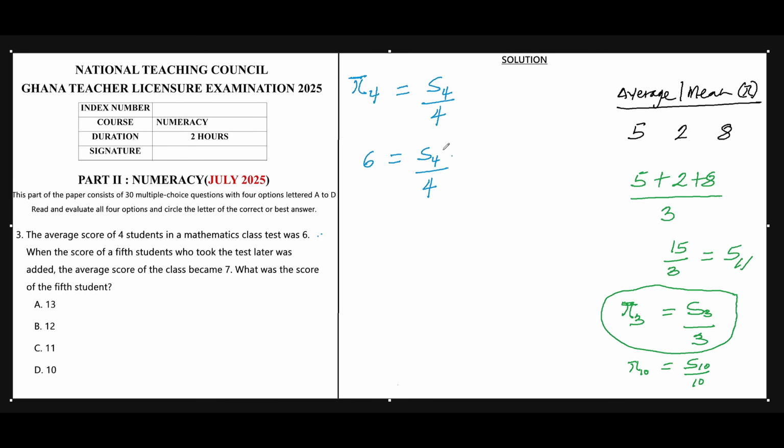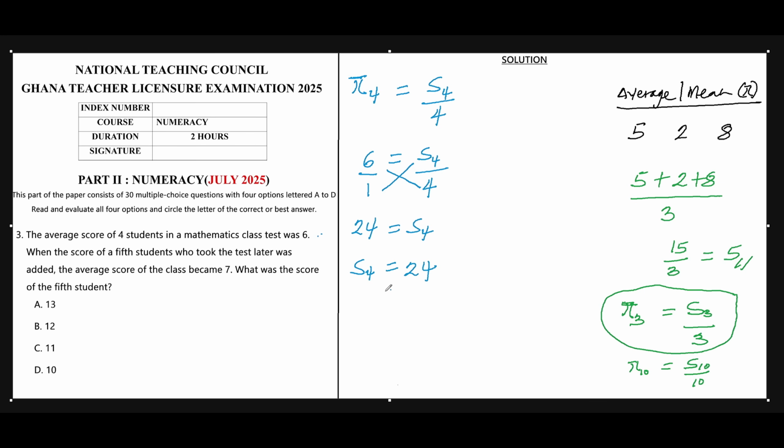Let's calculate for sum of 4. So 6 can be written as 6 on 1. Let's cross multiply. 6 times 4, we have 24. And then 1 times sum of 4 gives sum of 4. So the sum of 4 is equal to 24.